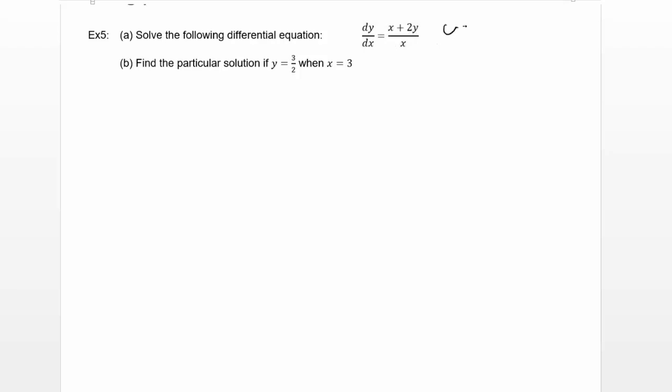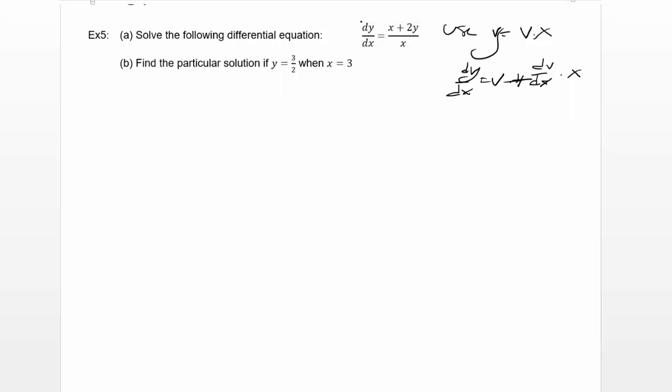So we're going to use the substitution of y equals v times x. So how does that work? Everywhere I see y, I'm going to replace it with v times x, and I'm going to replace the dy dx also with the derivative of this implicitly, which we saw just a second ago, is v plus dv dx times x.